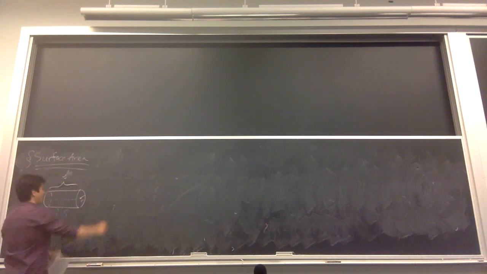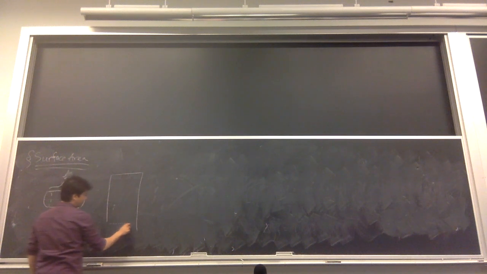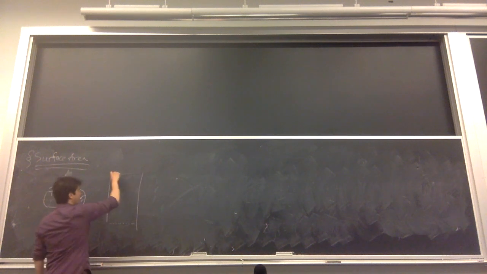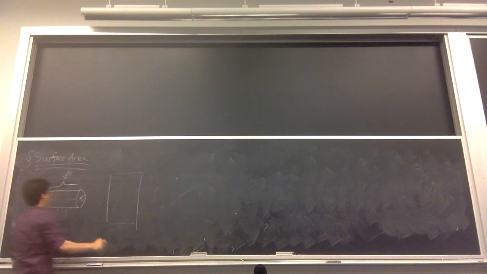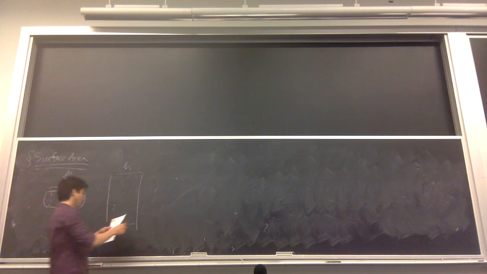So when we unroll it, what do we get? Here it is unrolled. There's the cut I made. So this is h. How long is this? The circumference. So what's the circumference? 2 pi r.